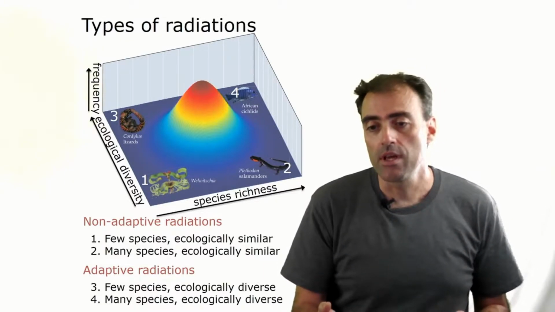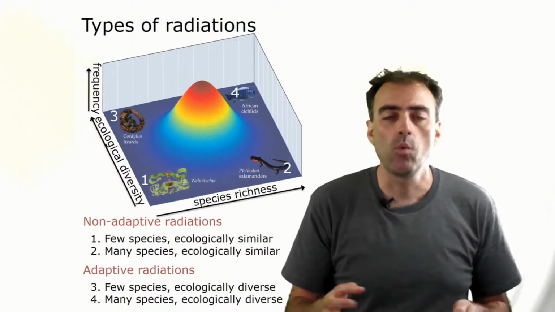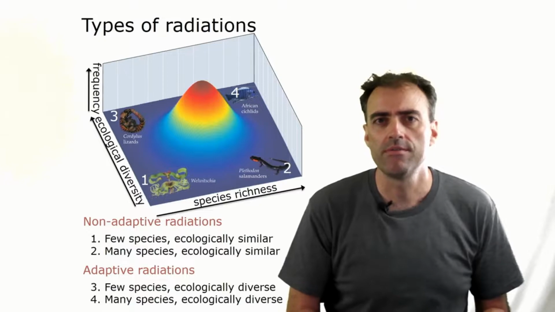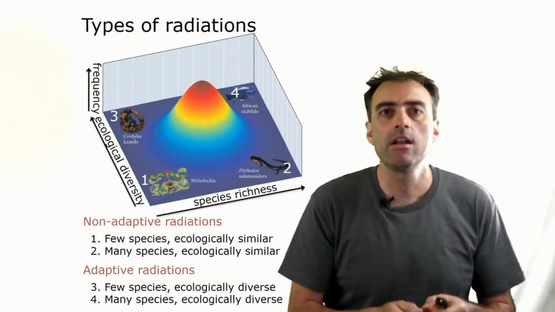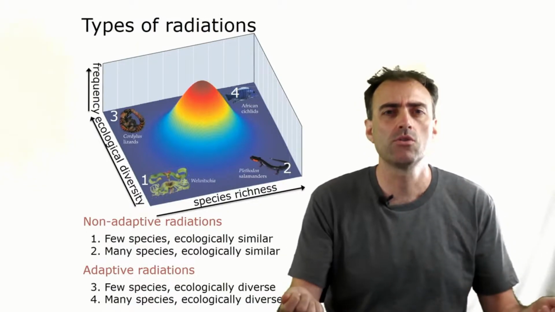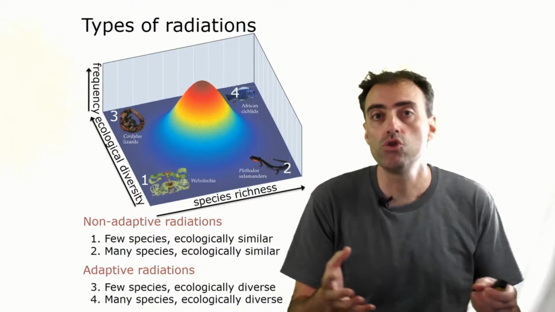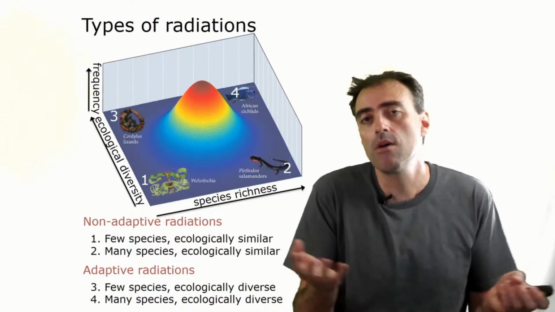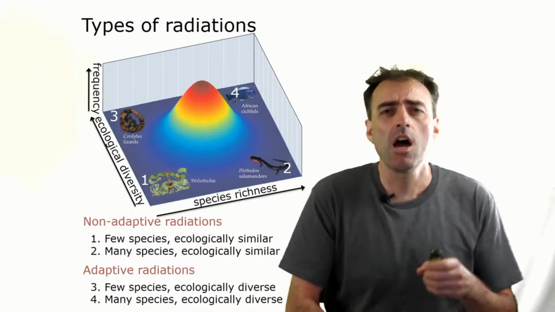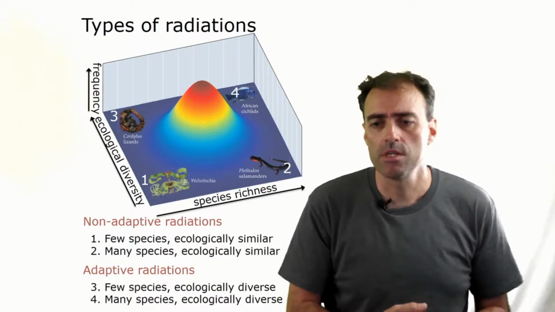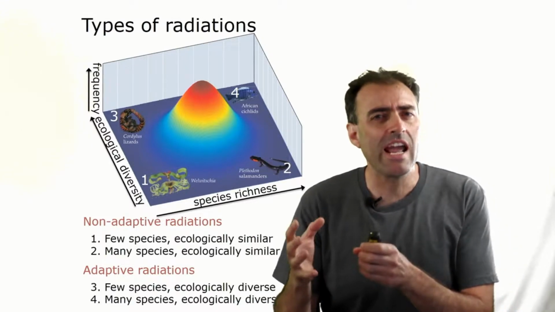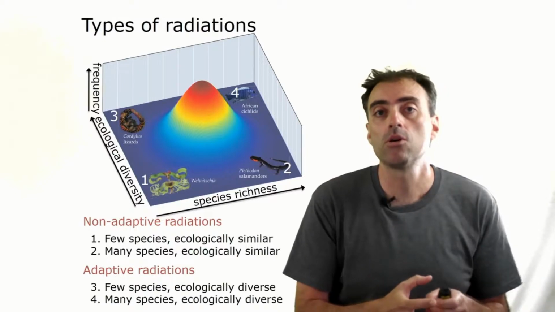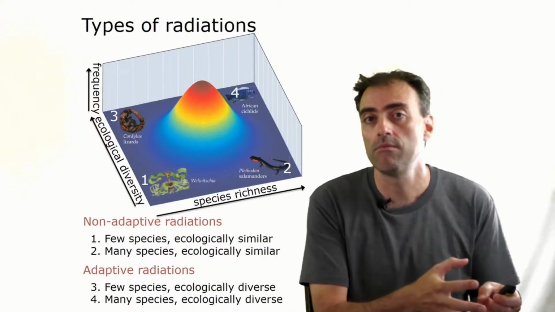Adaptive radiations, on the other hand, are where natural selection has really sped up the process of diversification. So they've invaded new environments. Things like ecological opportunity can produce lots of different species, but perhaps not a lot of them, maybe only half a dozen, across different types of environments. Again, they're very ecologically diverse because each species has speciated because it's adapted to its own unique environment.